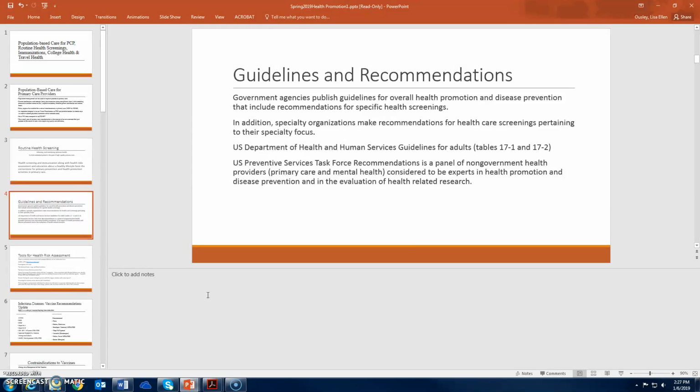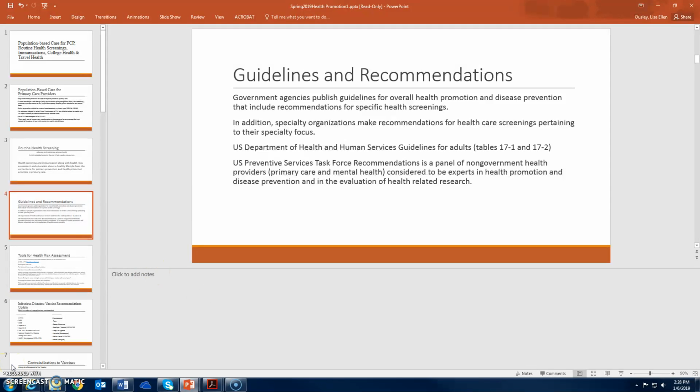However, that's in quite conflict with the American Cancer Society and the American Dermatological Society. And you can read why, but you have to be very cognizant of what the guidelines are, the organizations that present them, and which ones you are going to use. It really is ultimately, as long as you're using an evidence-based guideline, up to you which one you think is the most appropriate.